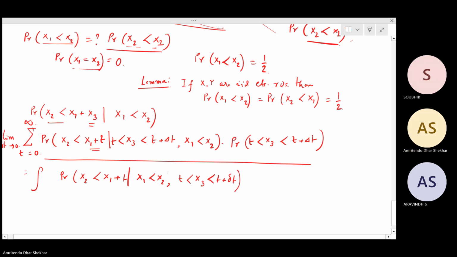But notice that this side is independent of this condition because this has only x1, x2 and t. T is a constant over here. And so it's independent of this side.